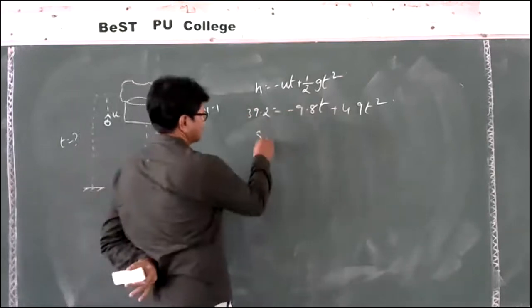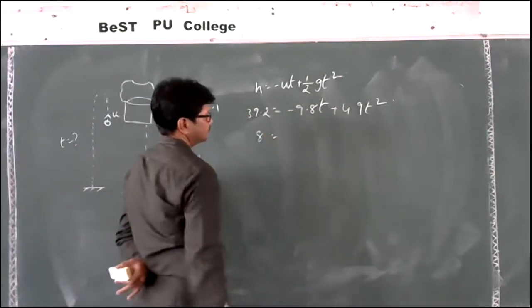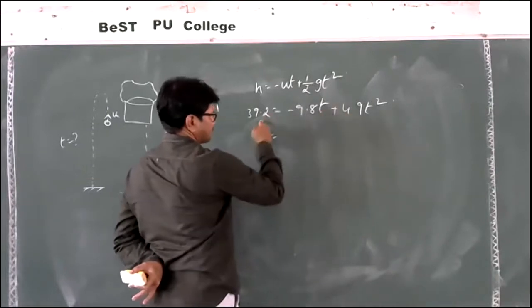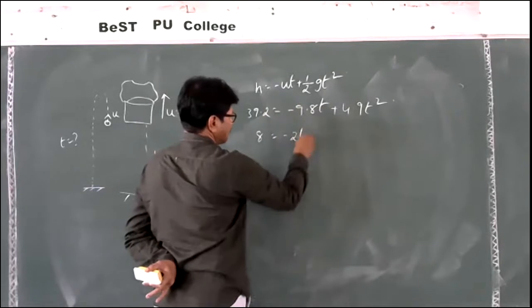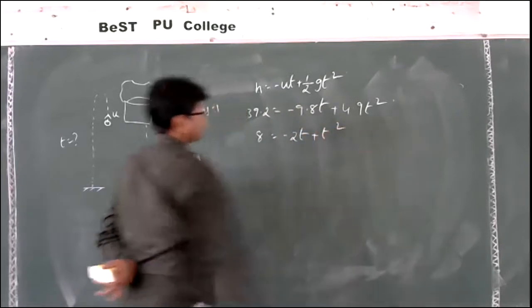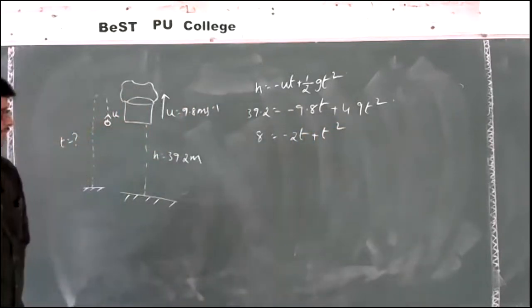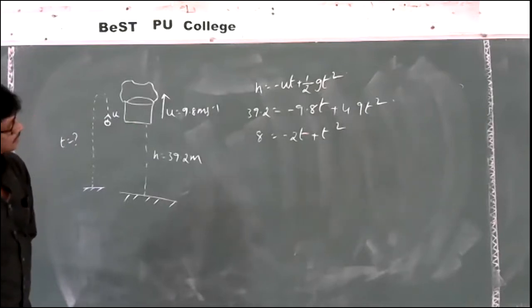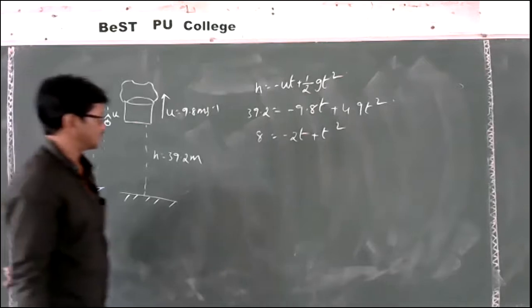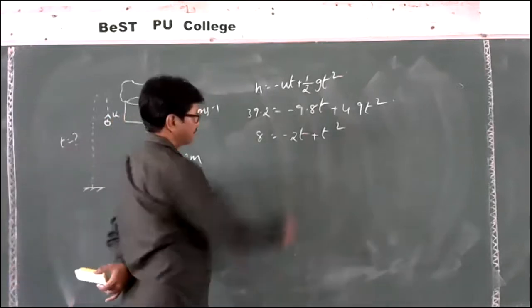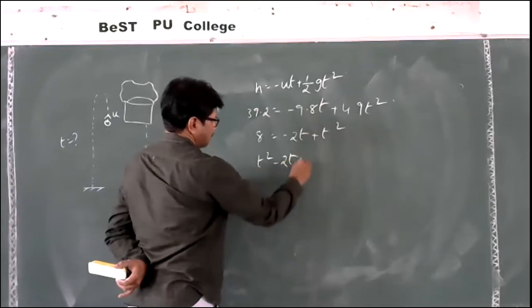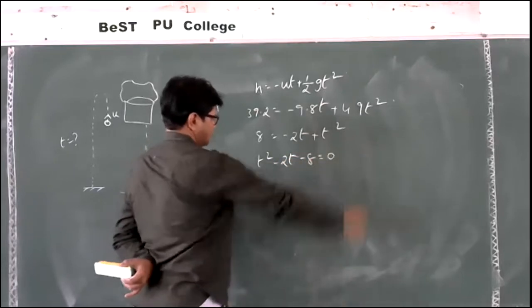So 39.2 is equal to 4.9 times 8, okay, minus 2t plus t square. Now t square minus 2t minus 8 is equal to 0.